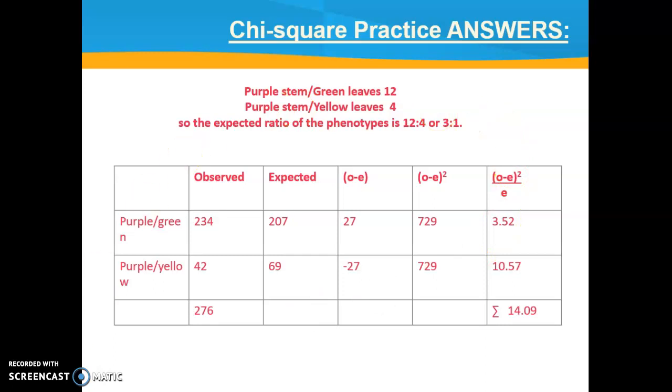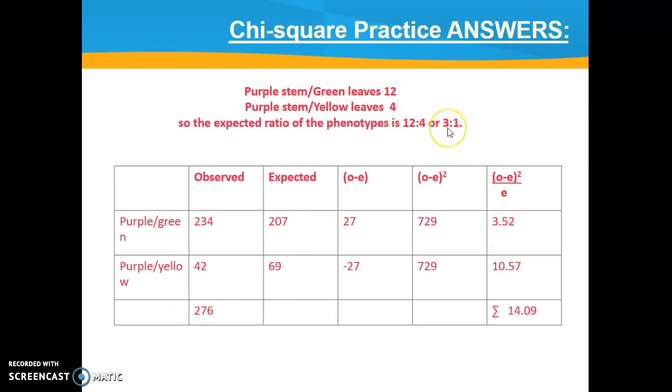Now, one thing that I've seen students struggle with this year is getting the expected. Okay, so we have a ratio. How do we turn that into data? How do we fill out our expected column? Well, remember, just copy your observed down, and we want to find the total of that. And then using this total, we're going to figure out our expected.